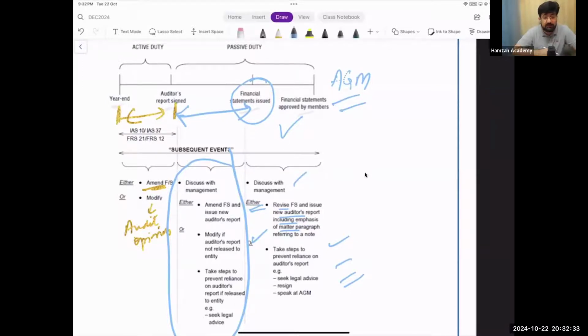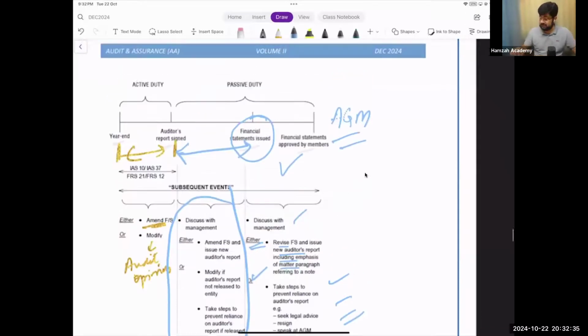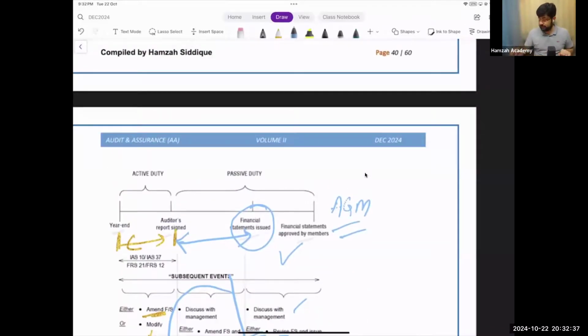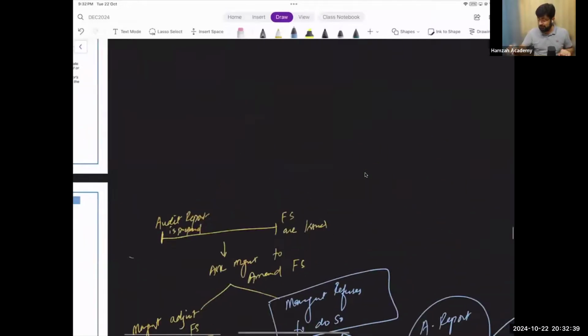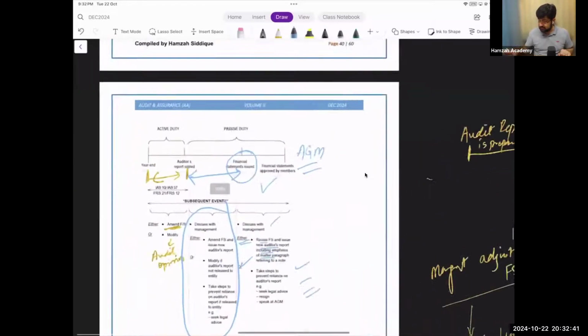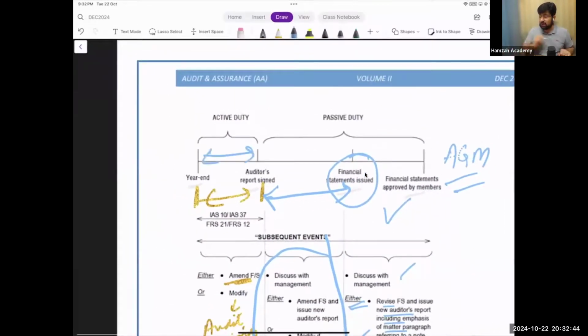Now, students, one more thing. From the year end to the audit report date, auditor has active duty to check all events occurring.